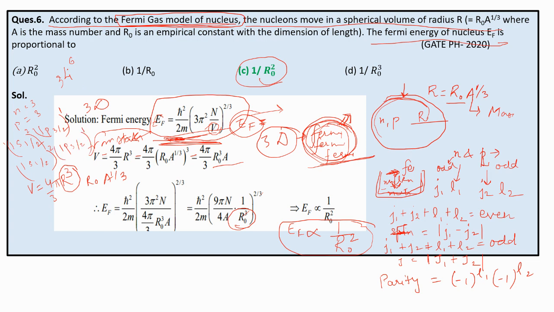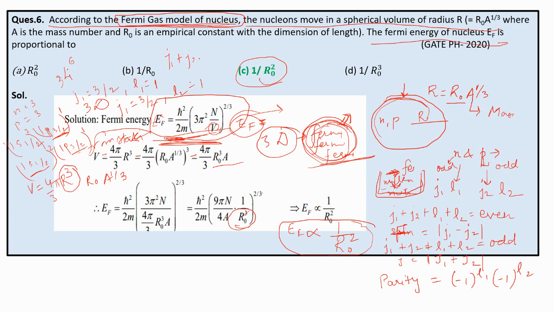Now for neutron, J1 value is how much? 3 by 2, because the last neutron went to this subshell, right? And what is the L1 value? This is P, so L1 is 1. Similarly for proton, J2 value is 3 by 2 because the last proton went to 3 by 2, and L2 value is 1.